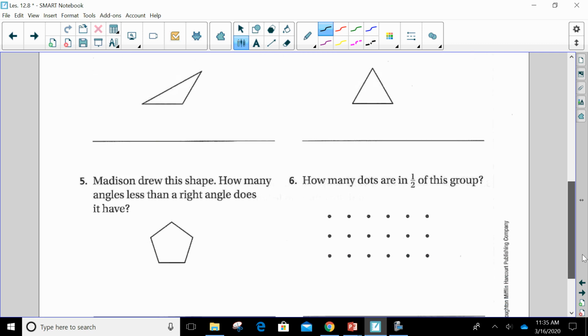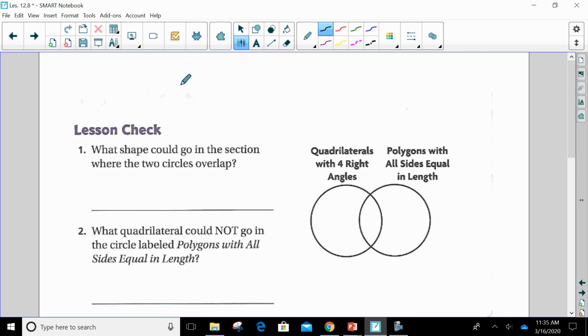Oh, perfect. We can do the rest of it. I want you to try and do these on your own. I'm going to put the answers on after this, and you can double check. Please, please, please do it by yourself first to see if you understand this lesson. Thank you.